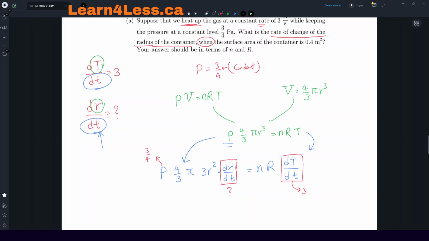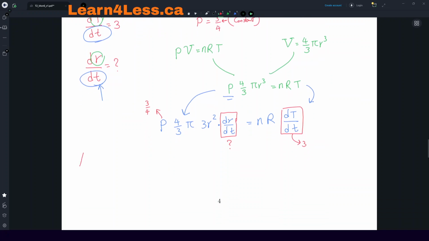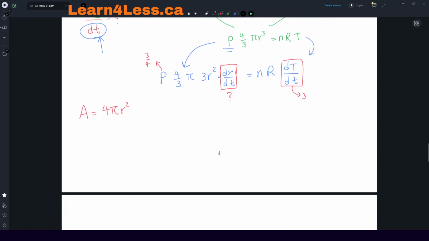So what is the surface area of a container? This is the equation for that. I know the surface area of a container is 4 pi r squared. And I want to know what the radius was at the point that the area was 0.4 meters squared. I don't write the unit anywhere, so I just keep it like this.